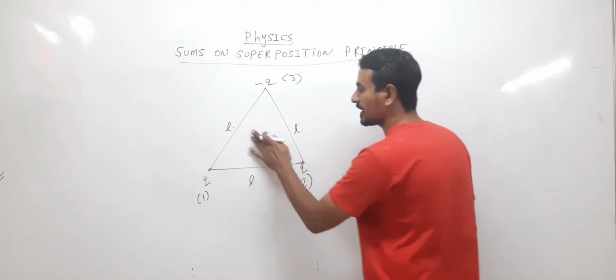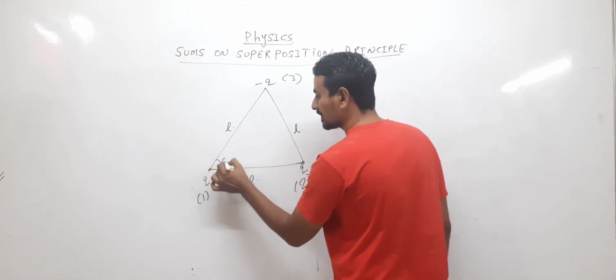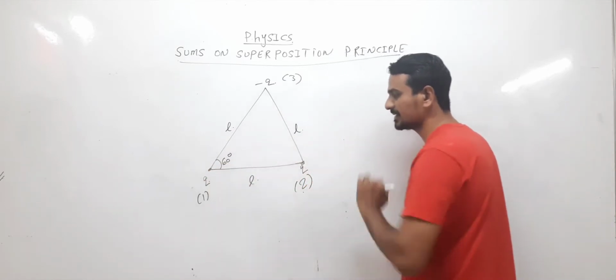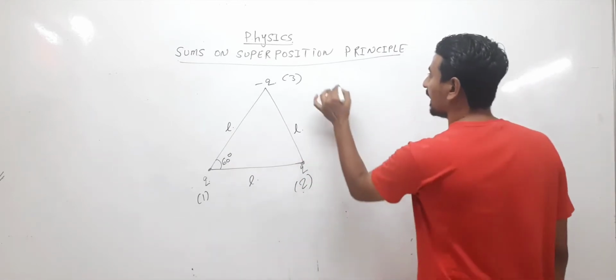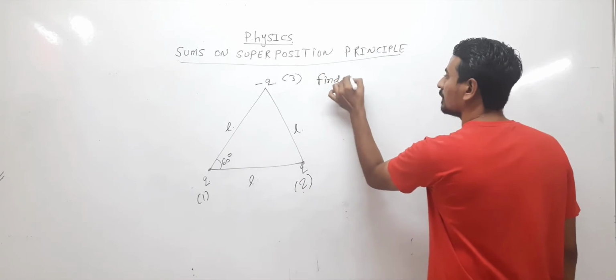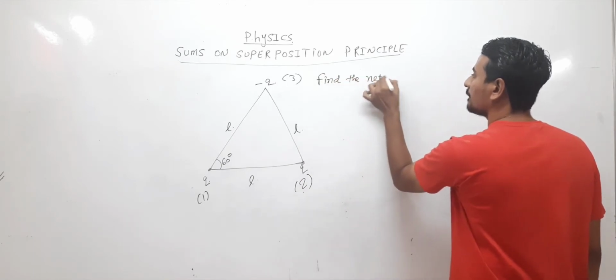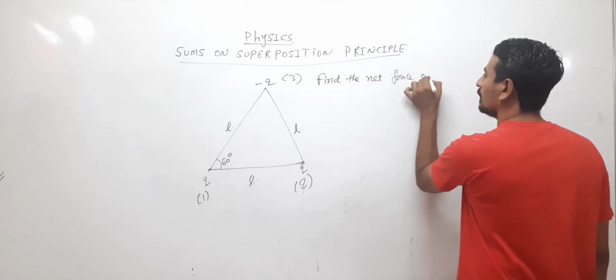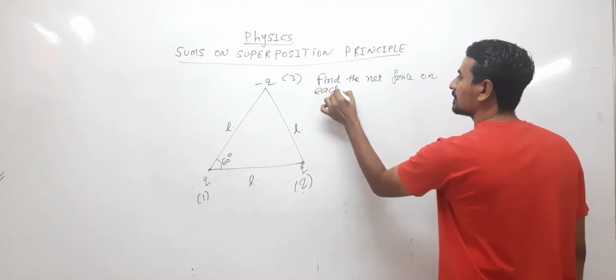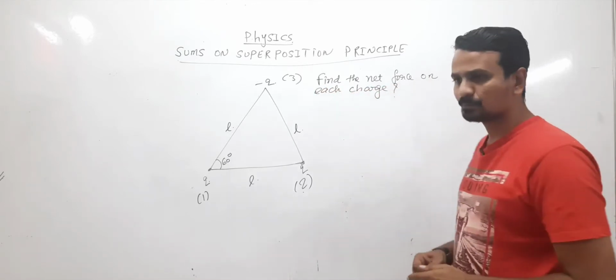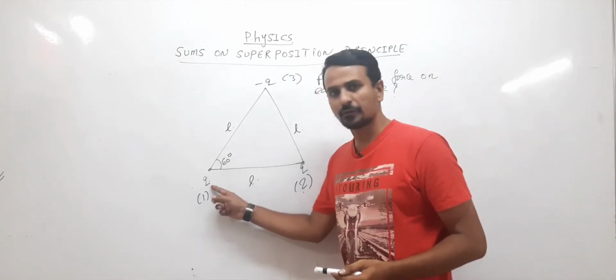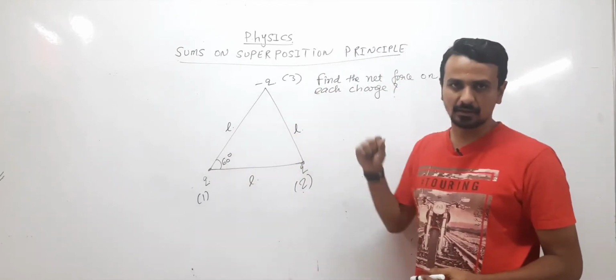It's an equilateral triangle, so every angle will be 60, 60, 60. So in this case we will use the superposition principle. You have been asked to find the net force on each charge, right? That means you have to find the force on the first charge, second and third.